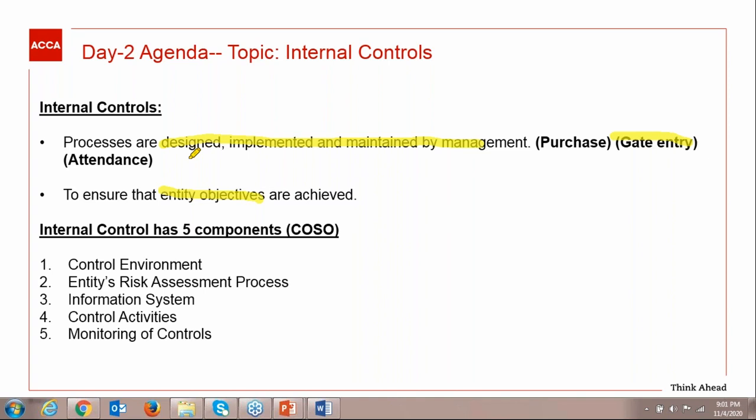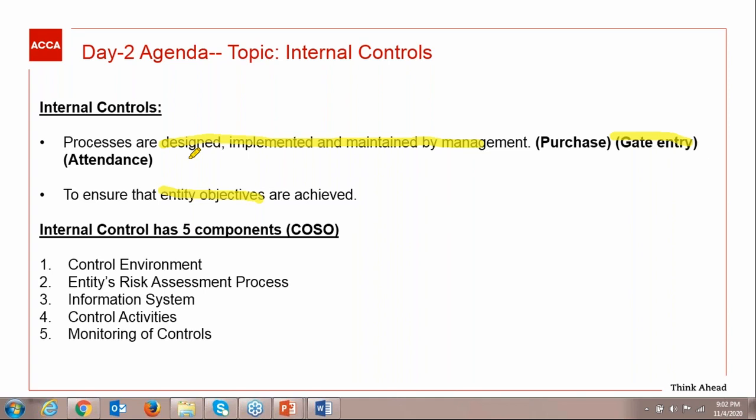That's the main thing you need to remember. This is a big difference between internal controls and substantive procedures. Right now, in today's agenda, we are not discussing the substantive procedures; they will be discussed tomorrow.